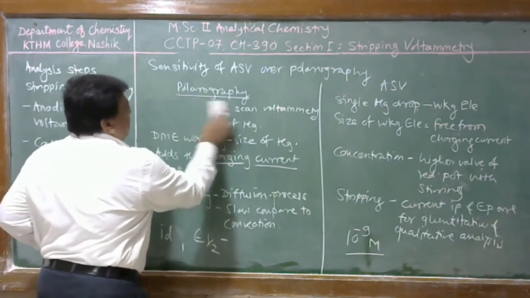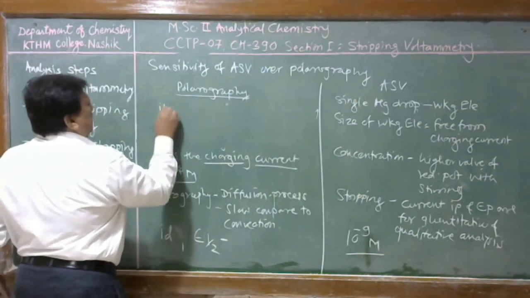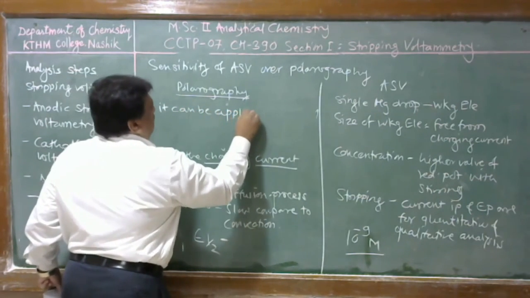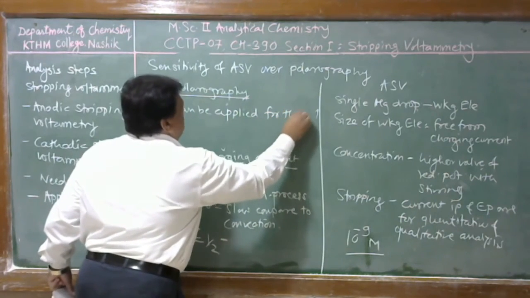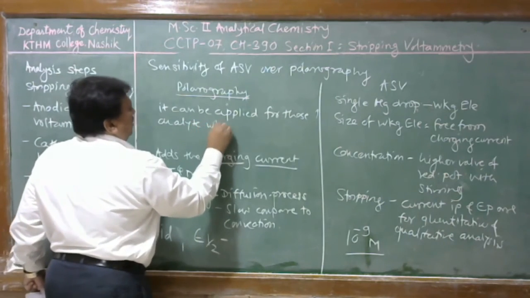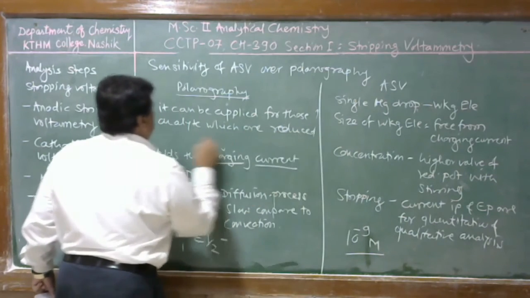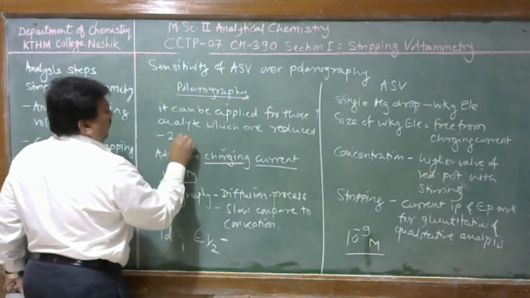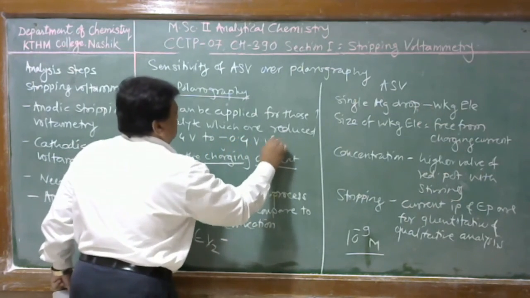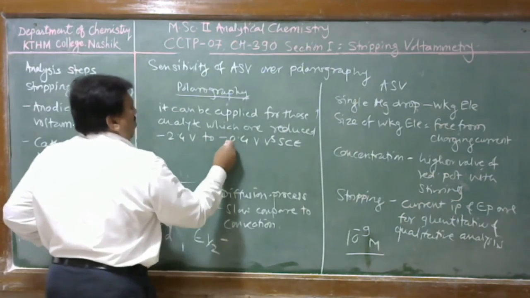But one of the most important advantages of polarography is that it can be applied for those analytes which are reduced within the potential range minus 2.4 volt to minus 0.4 volt versus saturated cadmium electrode, that is plus 0.4 volt.